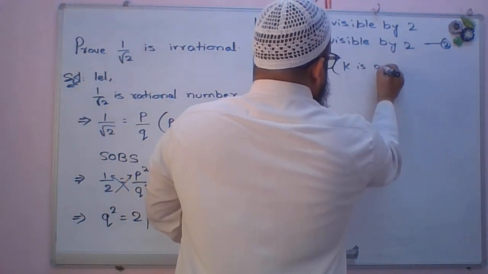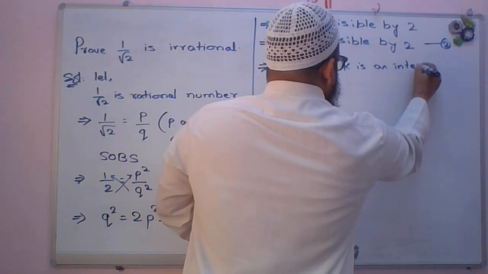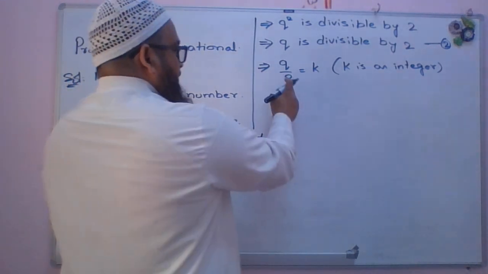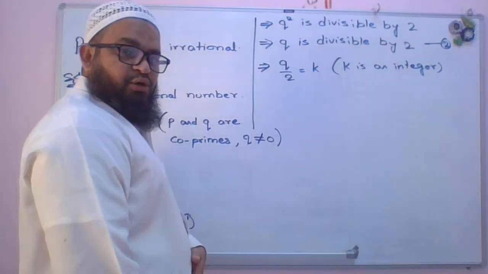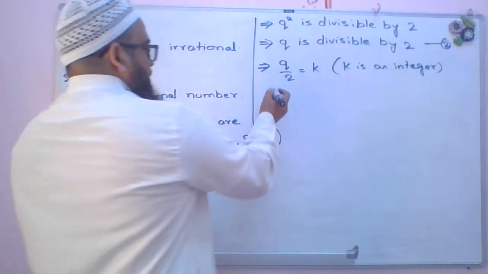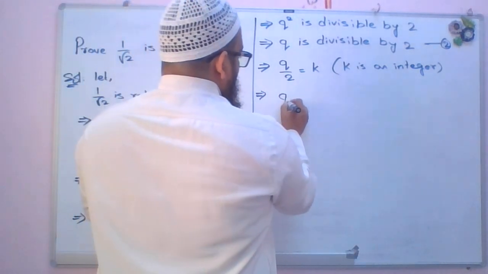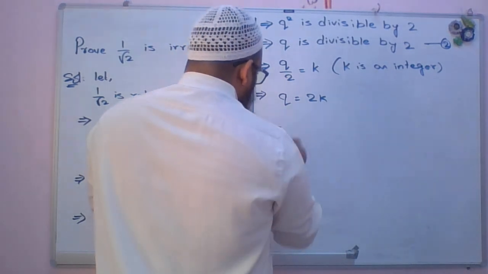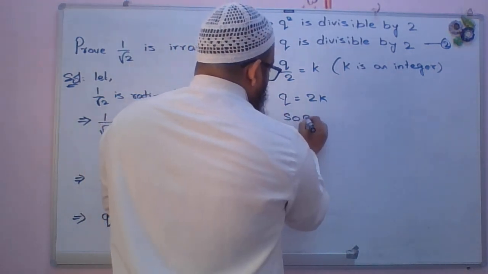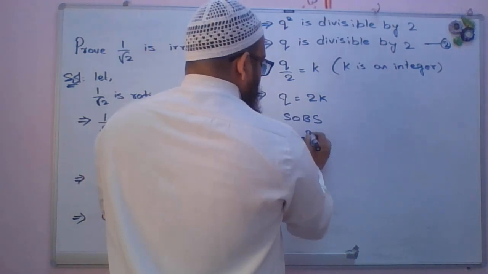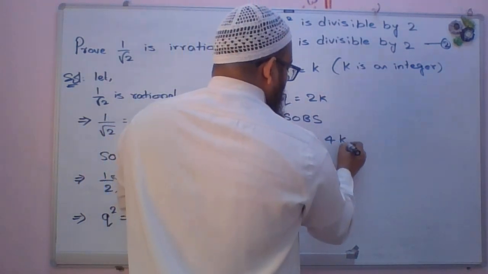Because it is divisible by 2, so whenever it is divisible by any number, you will get an integer. So that implies q equals 2k. Now let us do squaring on both sides. When you square on both sides, what happens? q square is equal to 4k square.